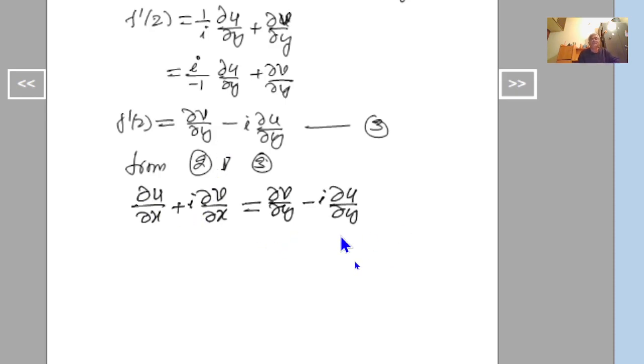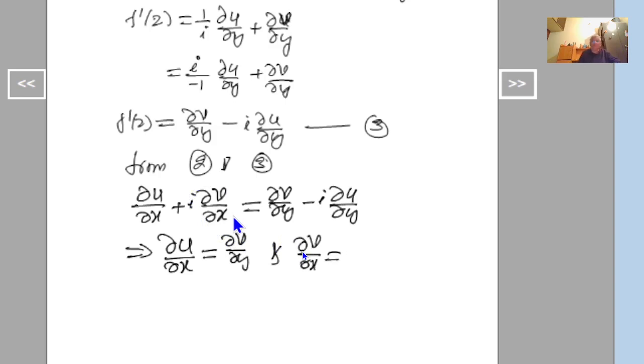Now comparing these two are equal. Therefore, real part must be equal to real part, imaginary part must be equal to imaginary part. So what is real part here? On the left hand side, dou u by dou x is equal to, what is the real part on the right hand side? This is dou v by dou y. And what is the imaginary part on the left hand side? This is dou v by dou x, equal to, what is the imaginary part on the right hand side?